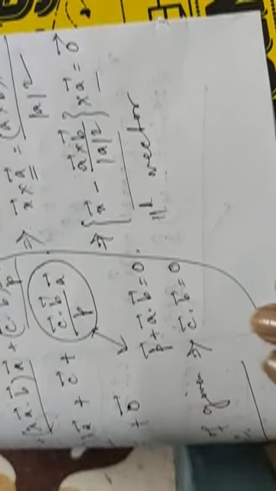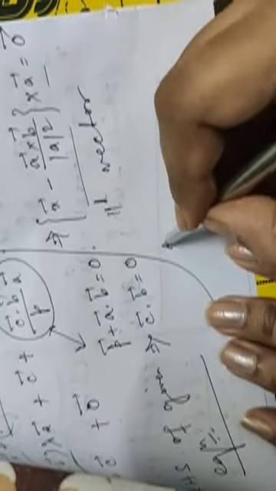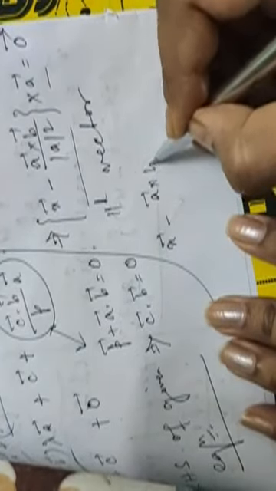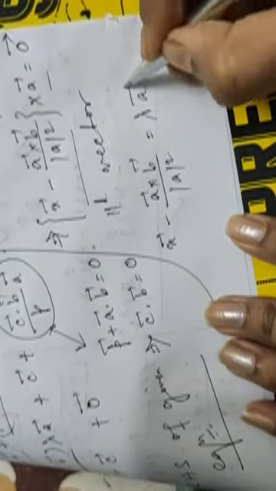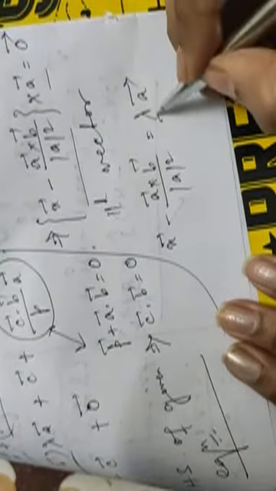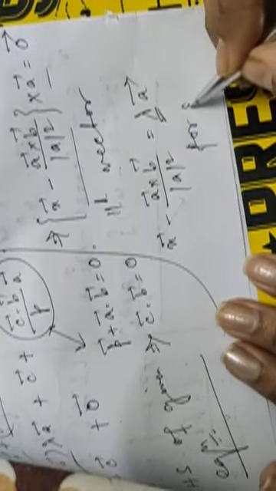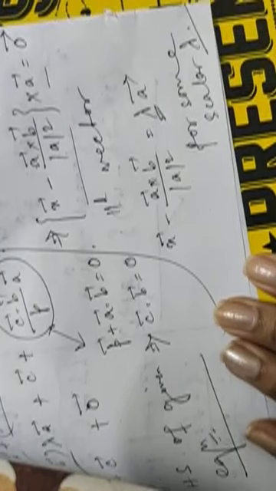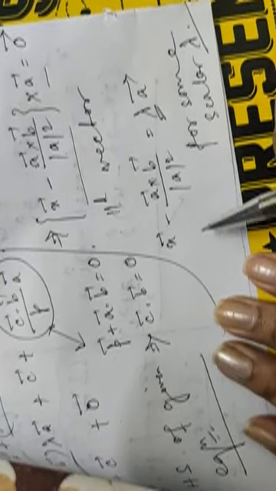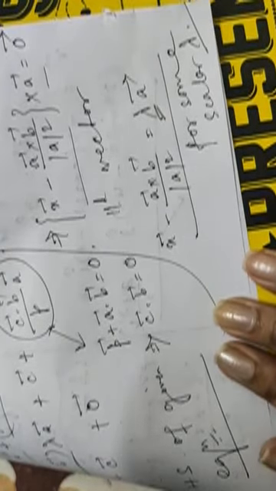That means we can express one vector as a scalar multiple of another vector. So we can write x minus this vector equals some lambda a, for some scalar lambda. So from there easily we can get the value of x.